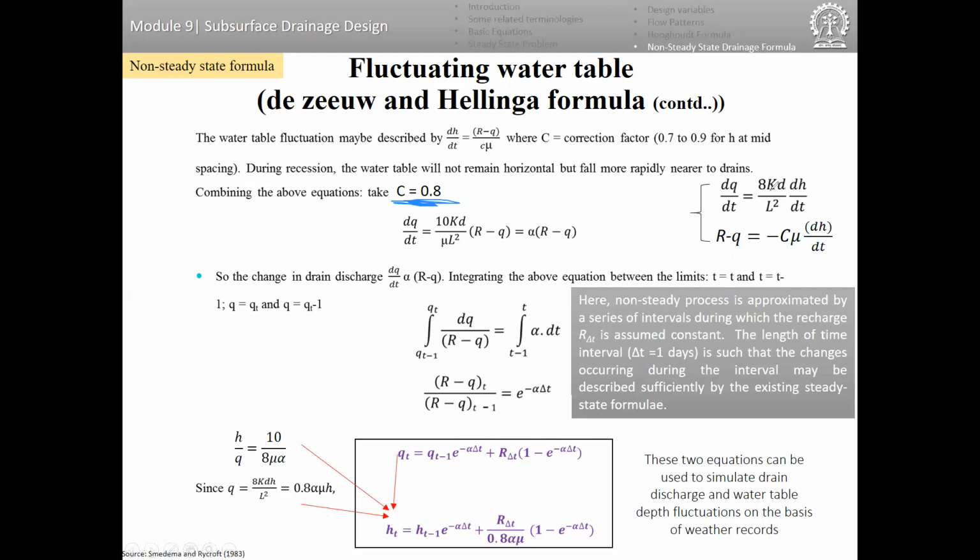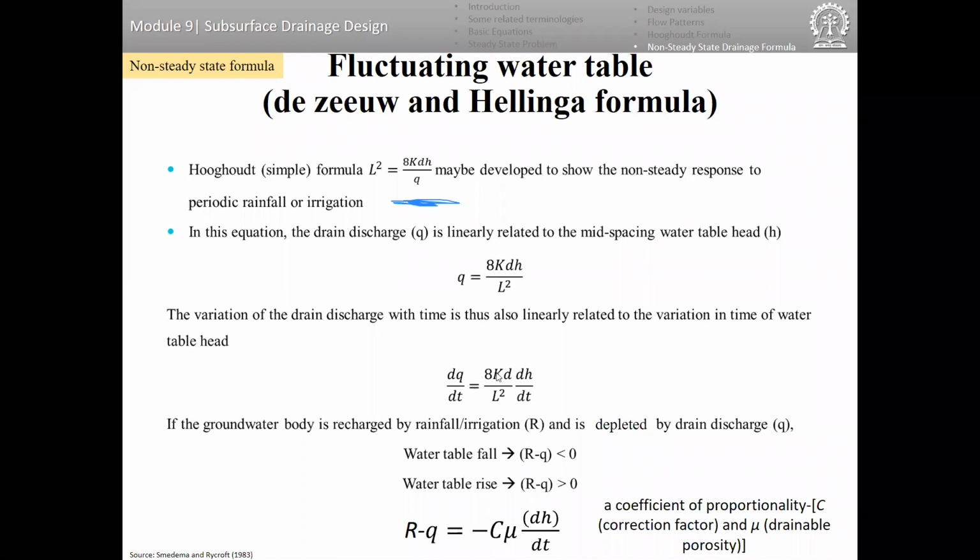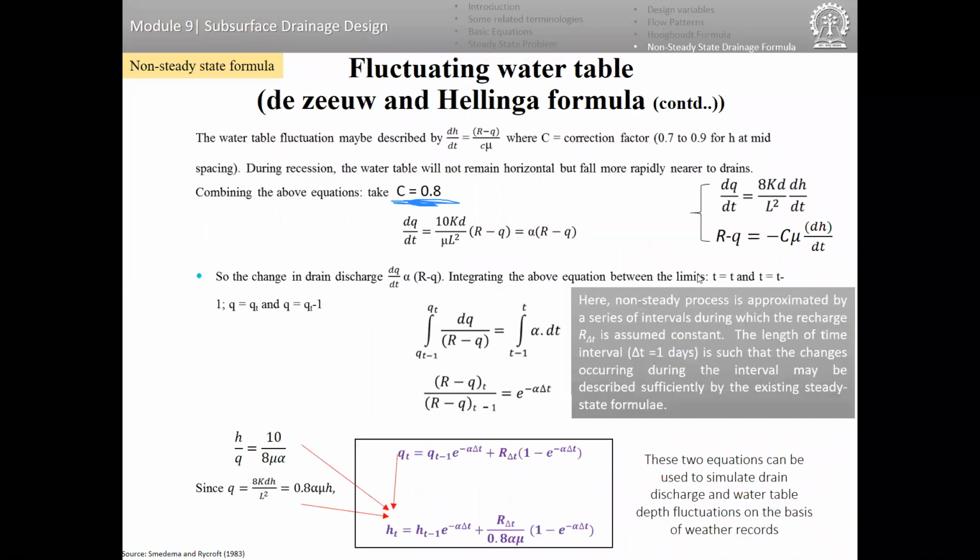Now we have seen from the previous expression that dq by dt is equal to 8kd by L square into dH by dt. And now we have another expression for R minus Q, which is dH by dt multiplied by C mu.